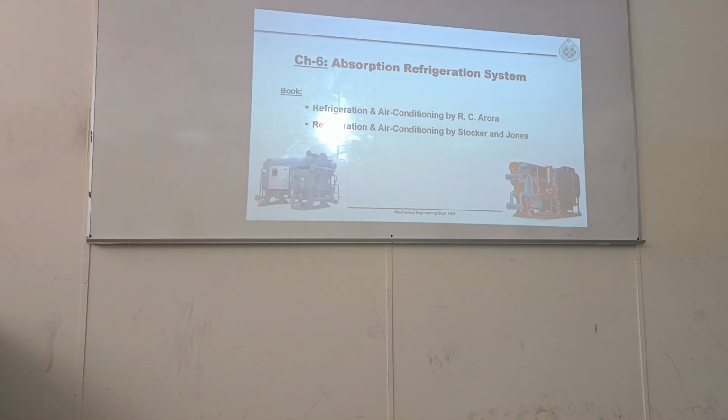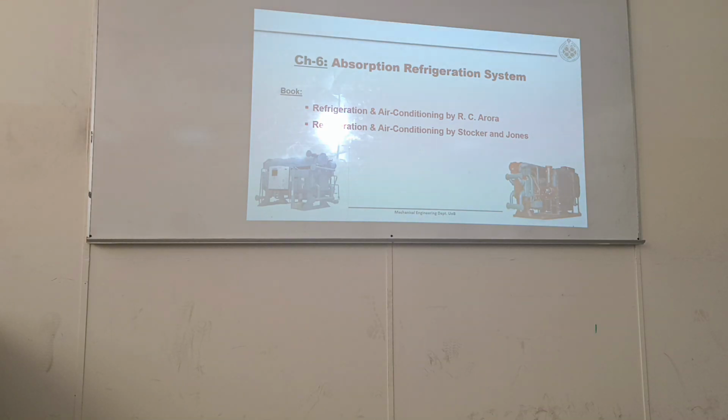This system is not as common as vapor compression systems, but still it is being used. And the best thing about this type of system is that to run it, we do not need a lot of electrical energy.